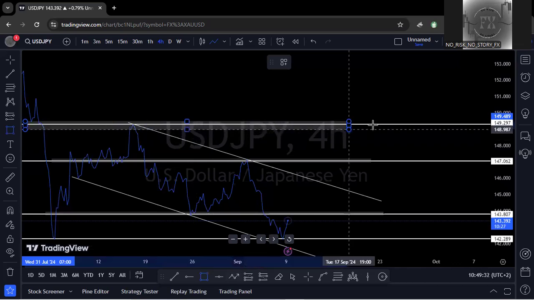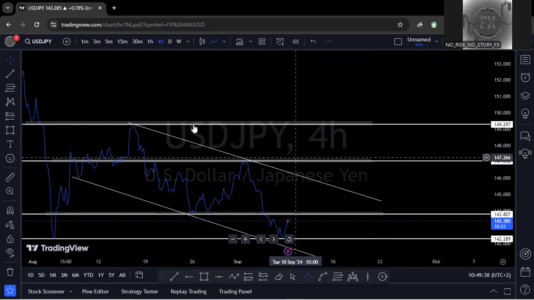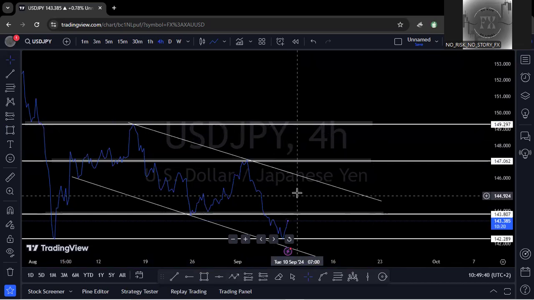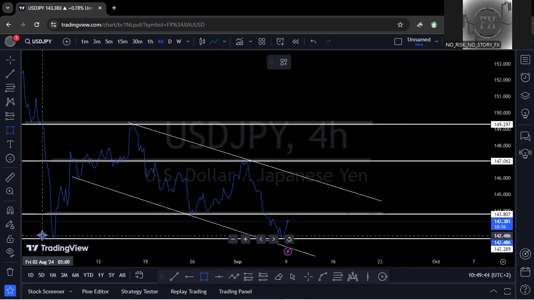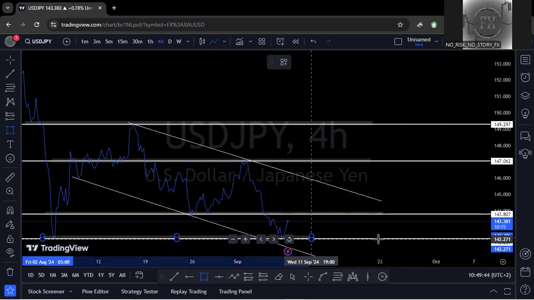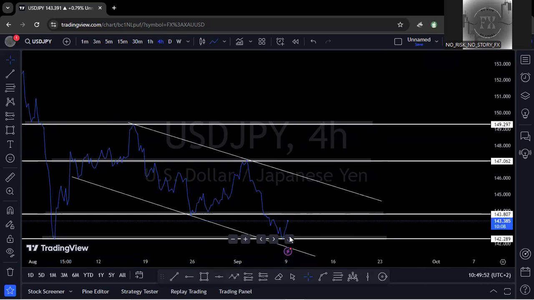It may take us some time to reach those areas, but this area seems so important. And also this one right here, where we just came from the bottom, that one right there.